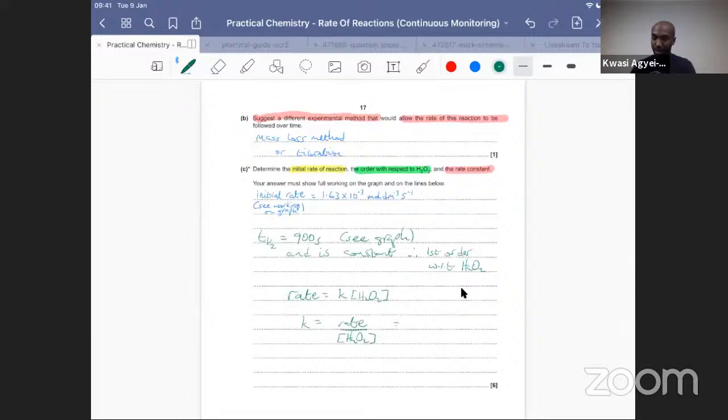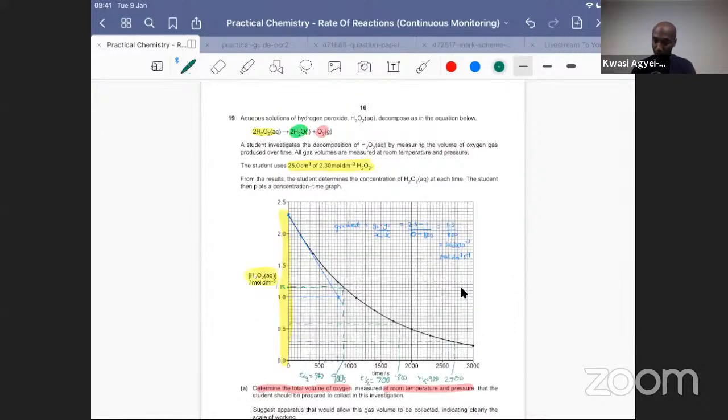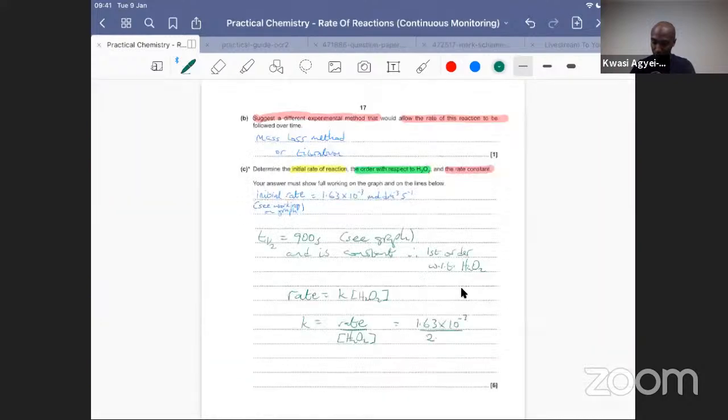And we can then work out using the initial rate we calculated earlier, so 1.63 times 10 to the minus 3 over the initial concentration, which is of course 2.3 moles per decimeters cubed, and that should give us a rate constant of 1.63 times 10 to the minus 3 divided by 2.3.